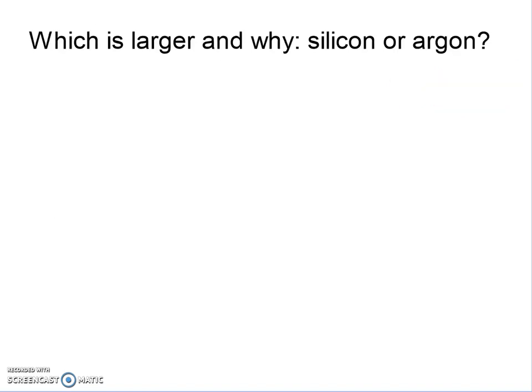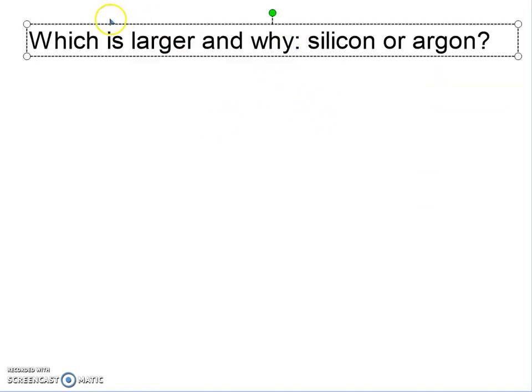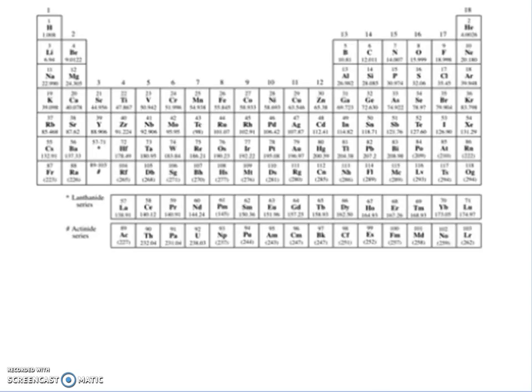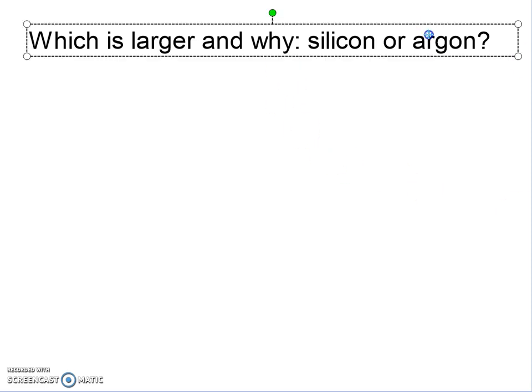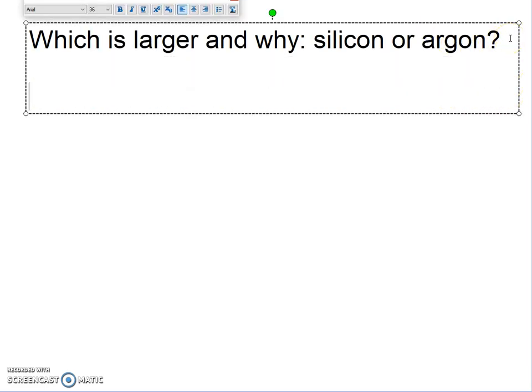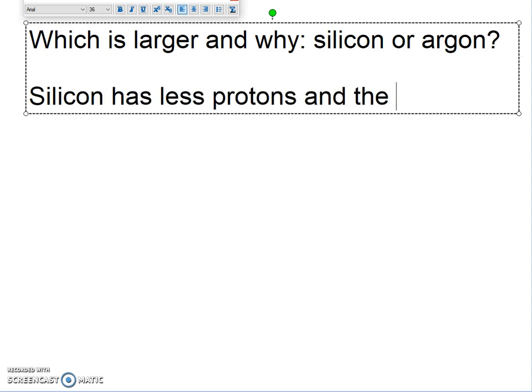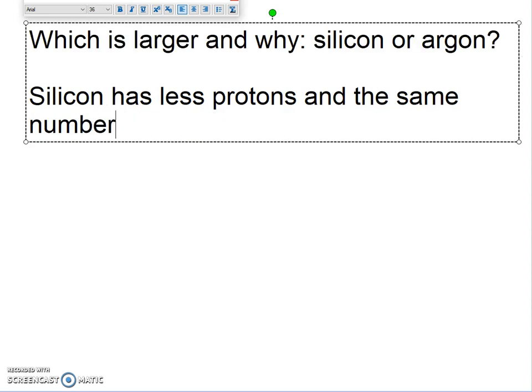So let's see if we have time to do at least one sample problem. So which is larger and why? Silicon or argon? Well, first you got to find them on your periodic table. Silicon's right here, argon's right here. So they're in the same period, which means they have the same number of electron shells, and so what am I going to use to explain? Protons. So I'm going to say silicon has less protons and the same number of electron shells.